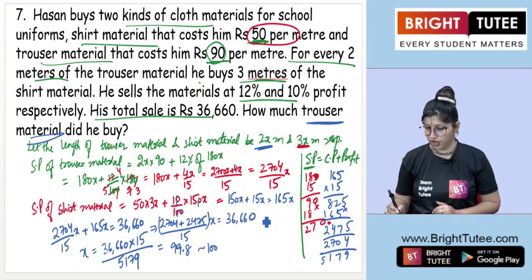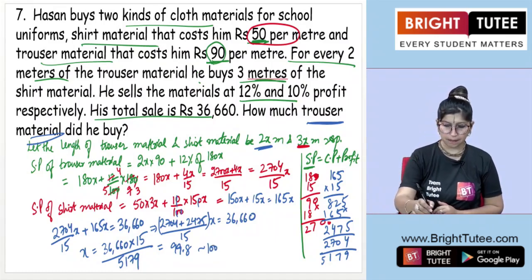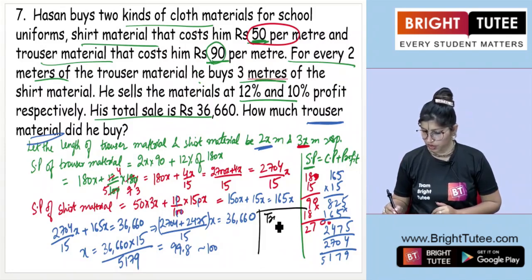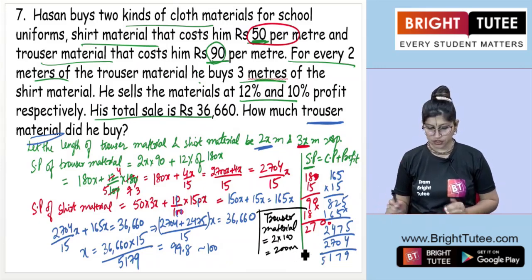So now we can write down that the trouser material which Hassan buys is 2 times 100, which is almost 200 meters. You can try it out.